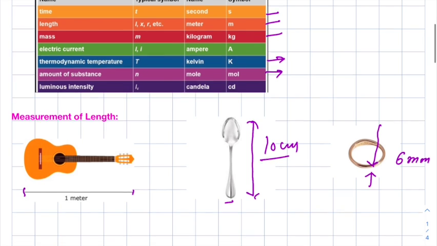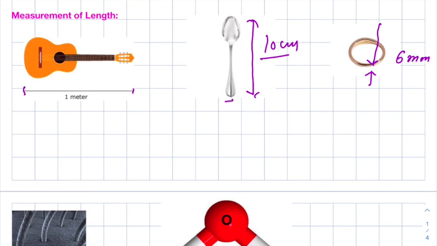And even a smaller unit, you can measure in micrometers, 2 micrometers, to measure the diameter of your hair.